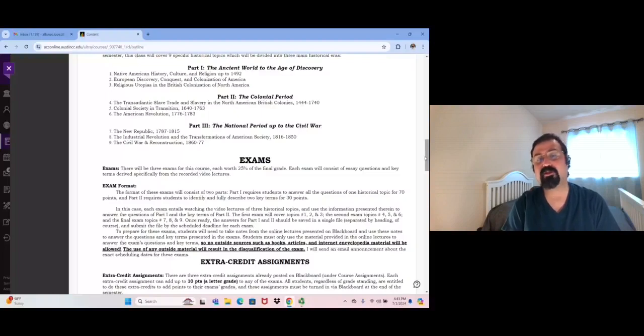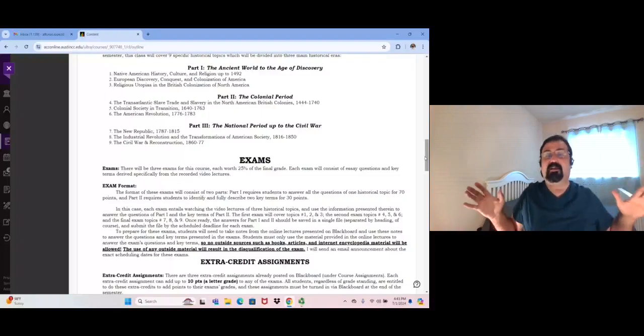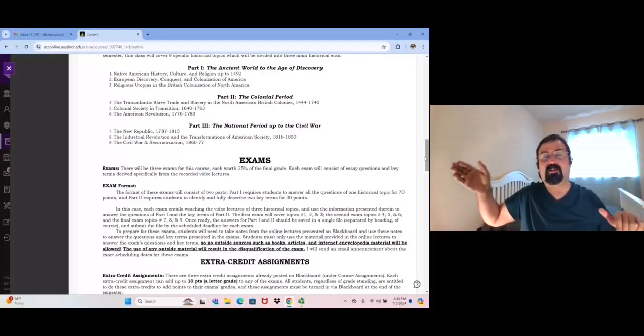There will be mass migrations into the American continent, and they're going to be the forerunners of the indigenous peoples of the Americas. Okay, how they settled across the continent of America and how they developed their unique cultures, their unique societies, and eventually their civilizations, in the American continent, up to 1492.